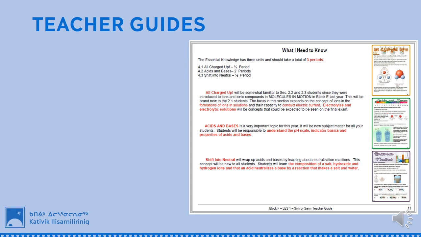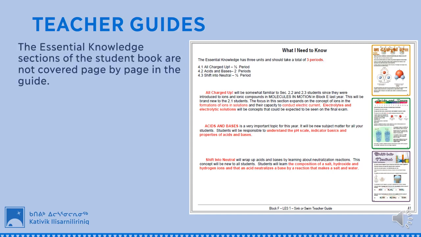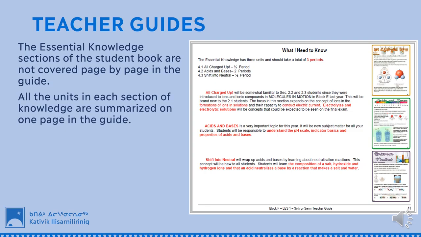For the essential knowledge sections of the student booklet, the setup in the guide is more condensed. All the units in each section of essential knowledge are summarized on one page in the guide.